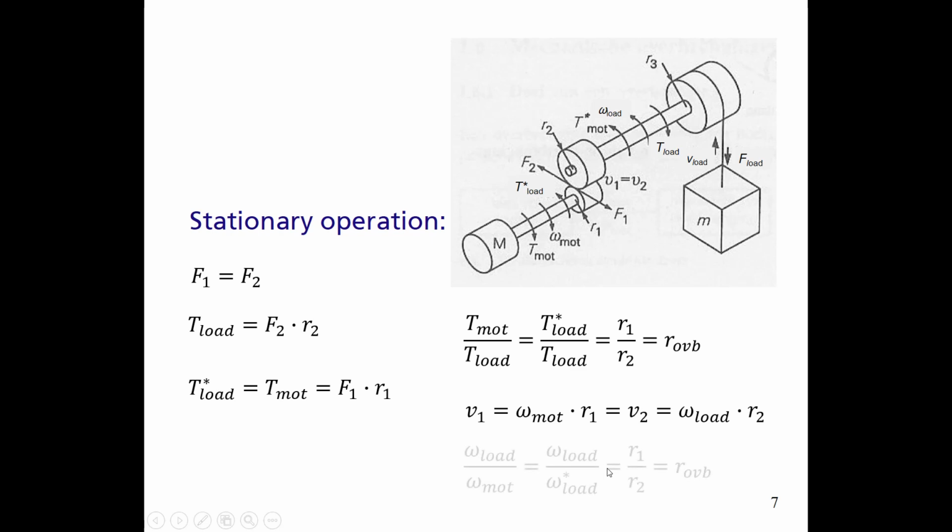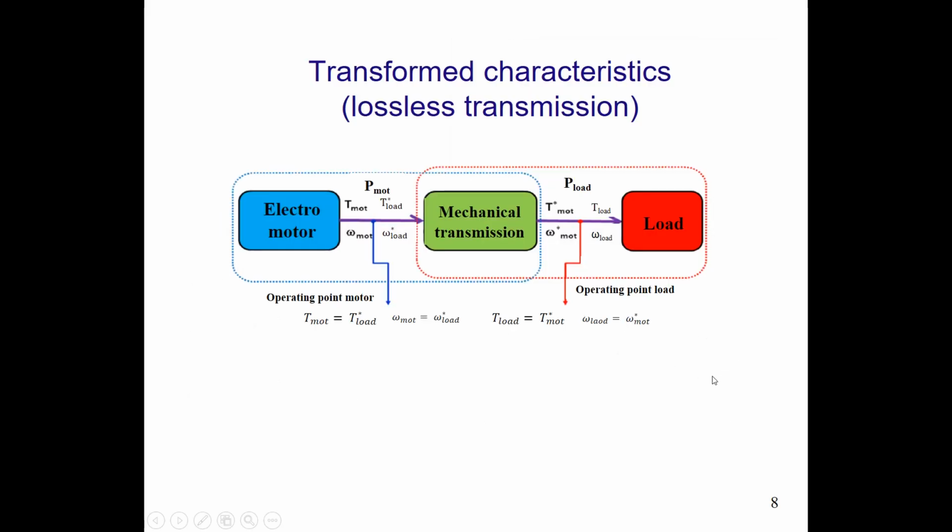So when that is the case, we can say that omega load divided by omega motor is also equal to R1 over R2, which is defined as the transmission ratio. So that is important, and we consider in this case the stationary operation, but this is important for the definition of a transmission ratio.